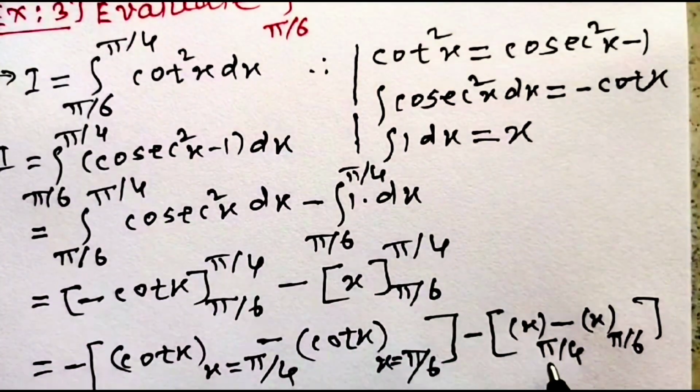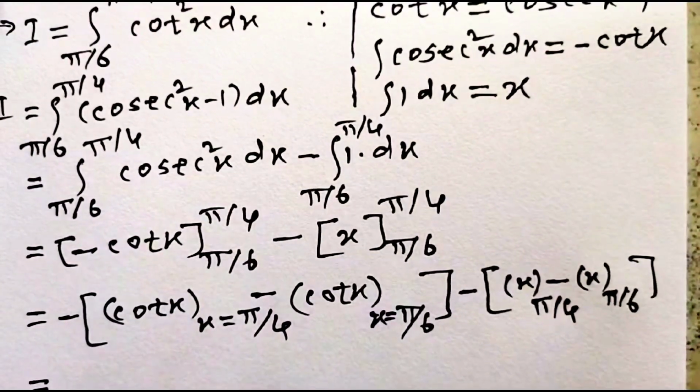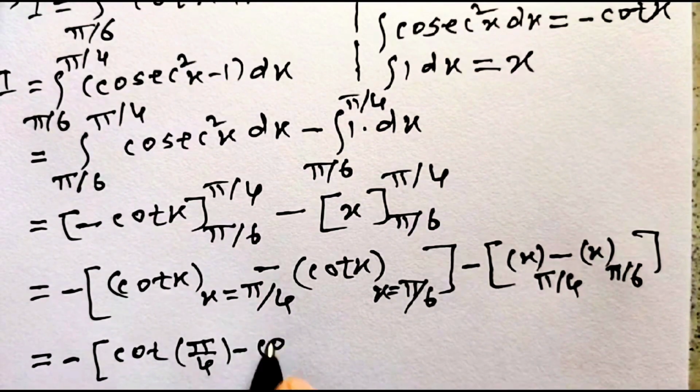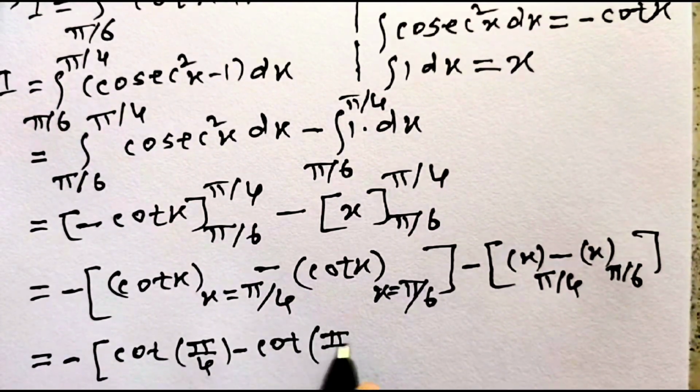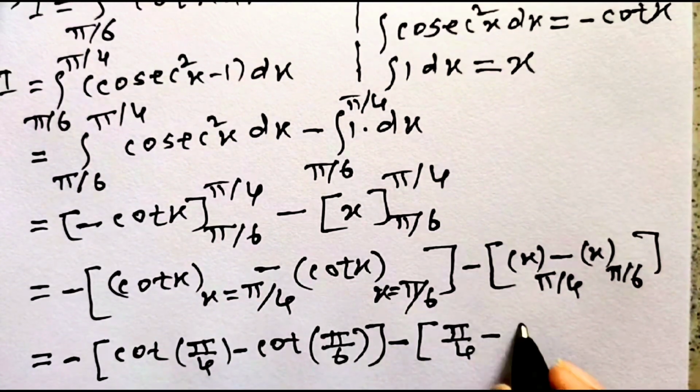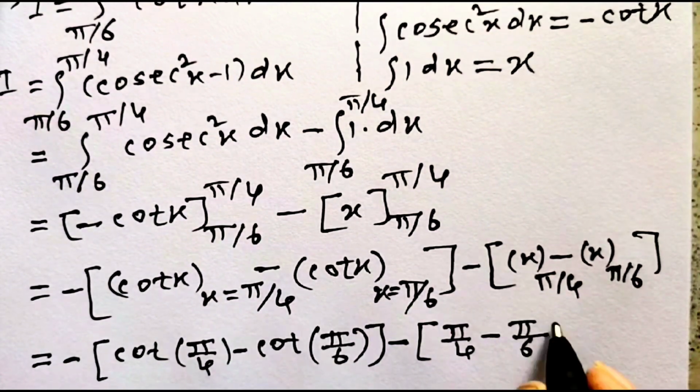X is equal to pi by 4 and x is equal to pi by 6. And now this is equal to minus of cot pi by 4 minus cot of pi by 6, minus pi by 4 minus pi upon 6.